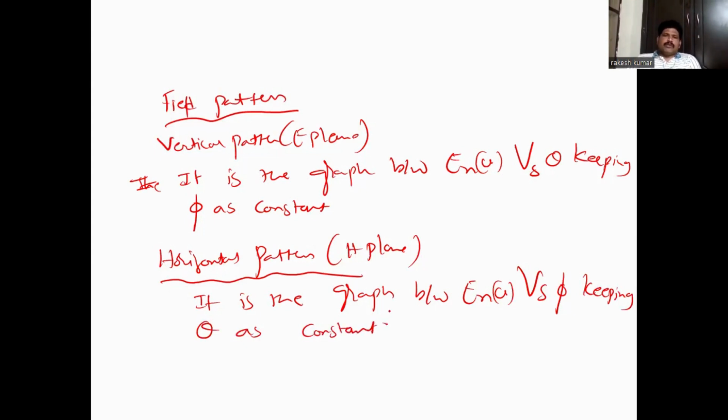So let us draw the vertical pattern and the horizontal pattern. First of all, here we are using the term normalized field pattern. What is the form of the normalized field pattern? Normalized field pattern means E of theta comma phi by E of theta comma phi max.